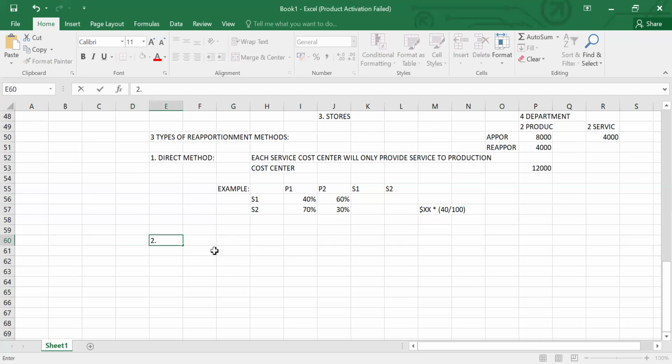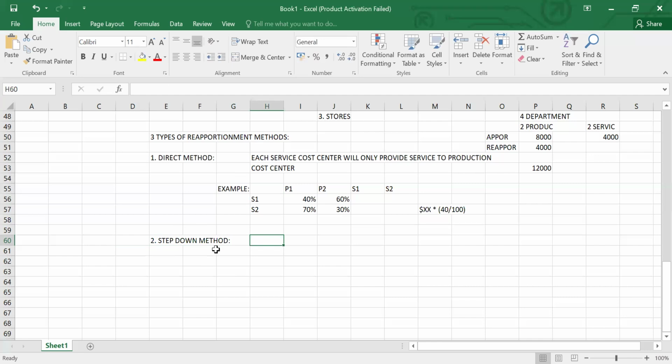Now, next comes the main one, the step down method, that is basically introduced at the MA2 level. In the step down method, there is an added complexity. What is that added complexity?